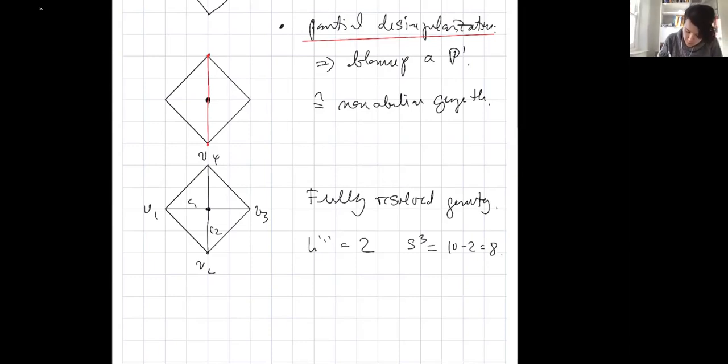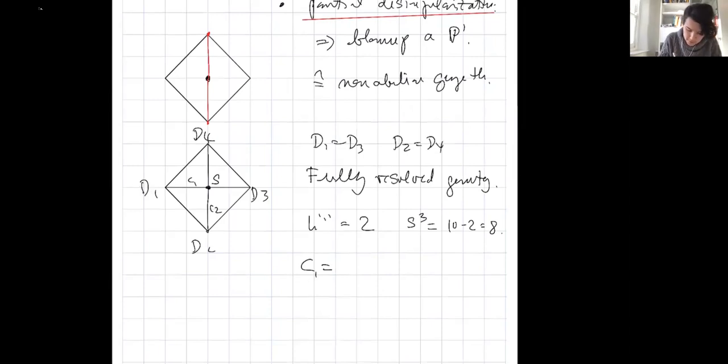And then the curve C1 is the intersection, if this is S, and just so I don't confuse you, let me call these D: D1, D2, D3, D4. And remember the relation that D1 is D3 and D2 is D4. So we have C1 is the intersection between S and D1, and C2 is the intersection between D2 and S.